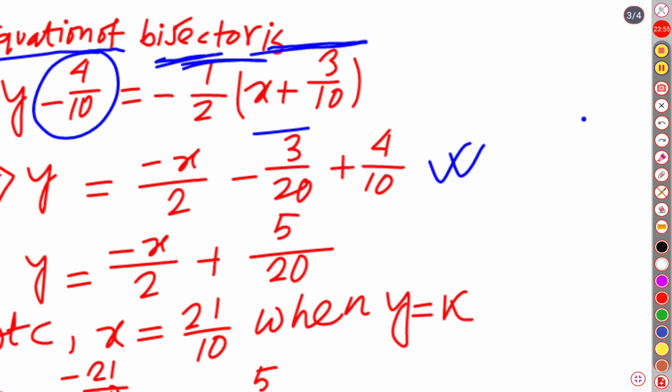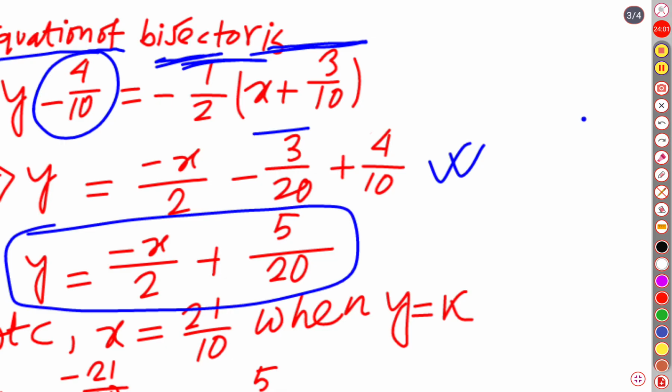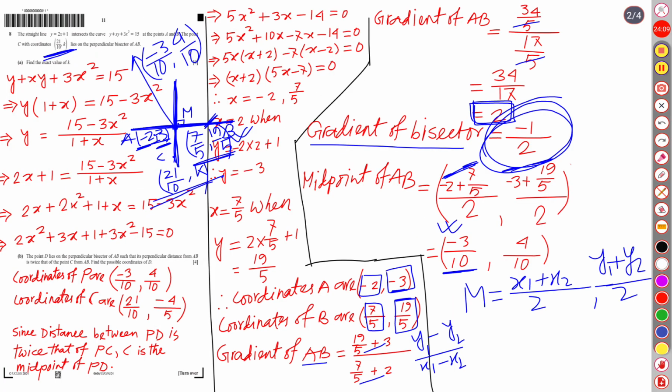So ultimately we have got y equal to minus x over 2 plus 5 over 20, which means 1 over 4, whatever. This is the equation of the line MC.